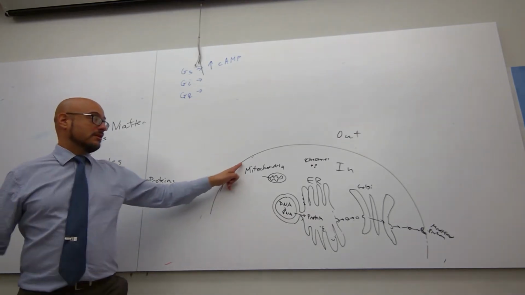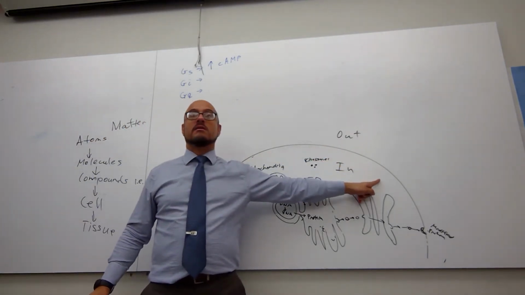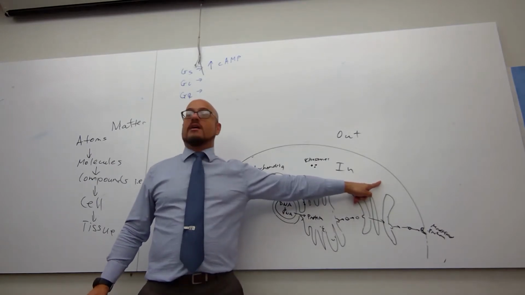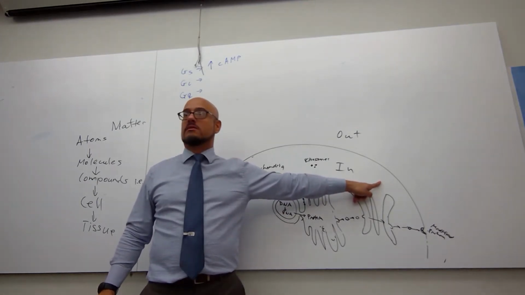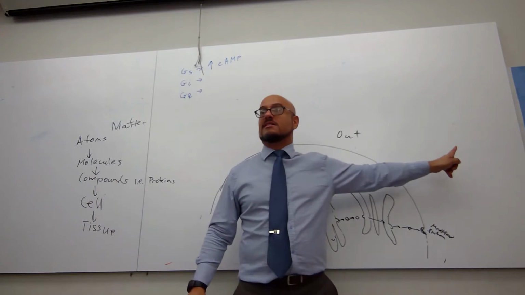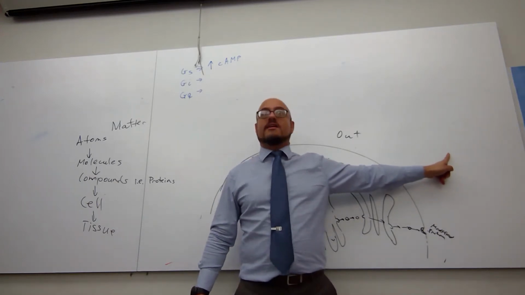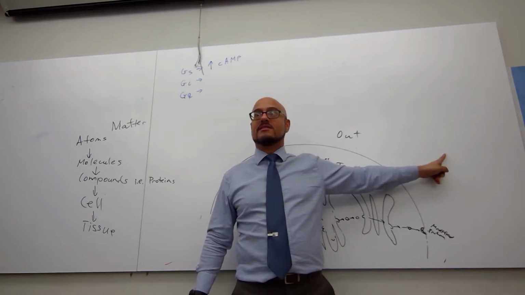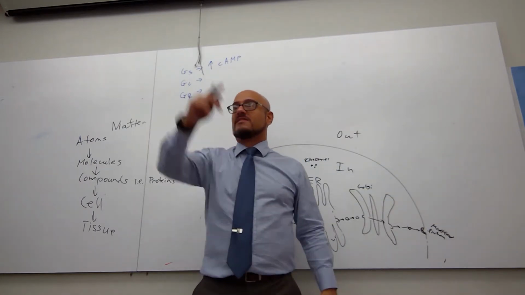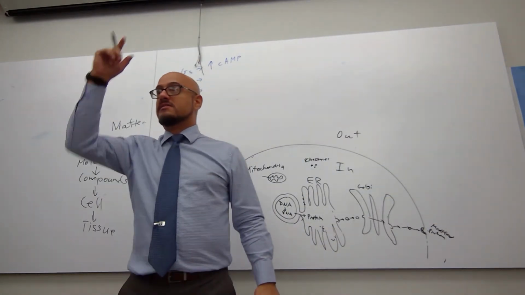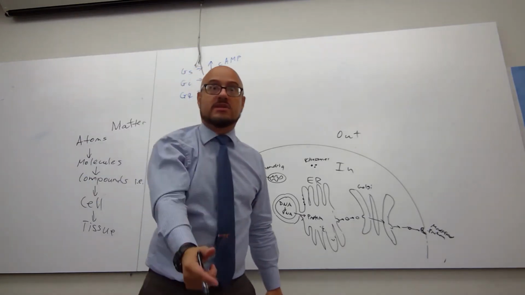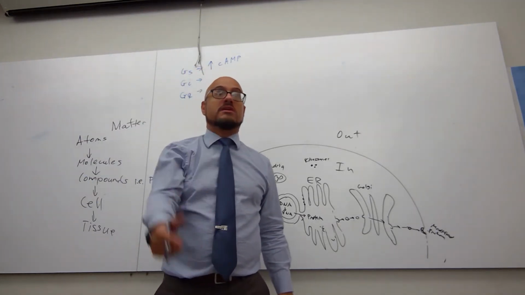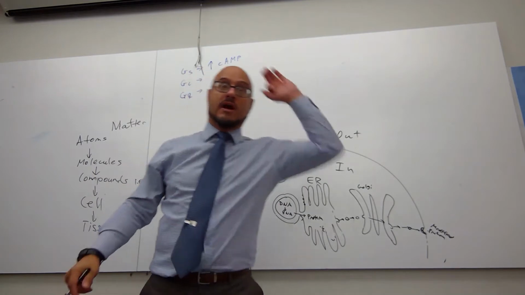Will I have protein on the membrane of the cell? Yes, absolutely. Will I have protein outside the cell? Yes, absolutely. You understand that? See how important it is? DNA, RNA, protein. And that protein is either going to be in the cell, on the membrane of the cell, or outside the cell, guys.